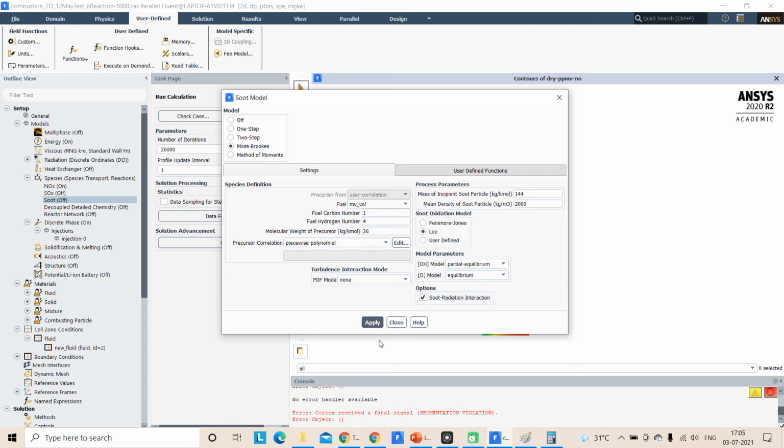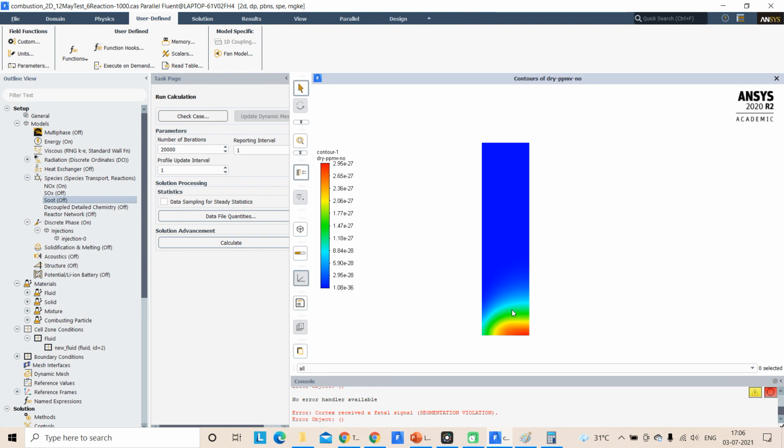Here you can enable that soot radiation interaction model. The method of moments is also there, but this Moss-Brookes method is widely used. You can check in literature. This way we can check the concentration of the pollutant, and whatever particle modeling is there using the discrete phase model, I will teach in the next lecture.